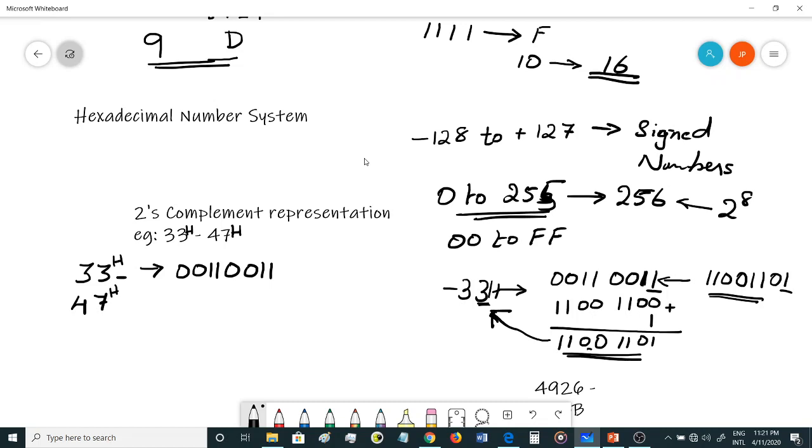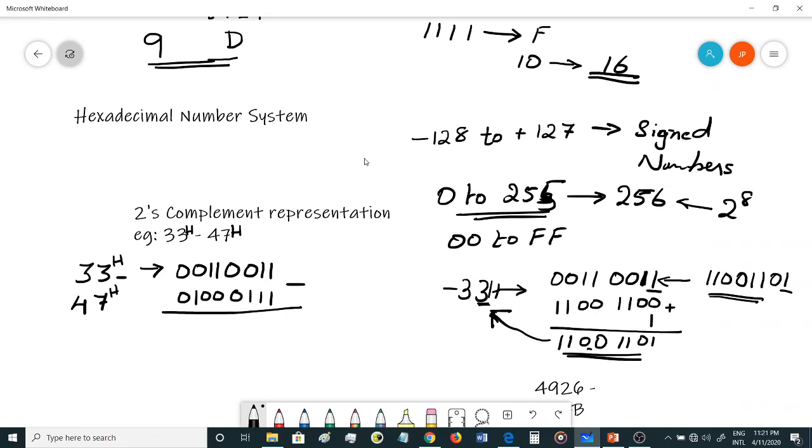Now 4 is 0100, and 7 is 0111. Now let's subtract these two numbers.